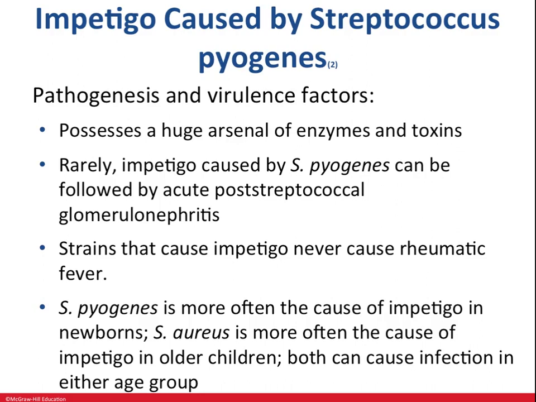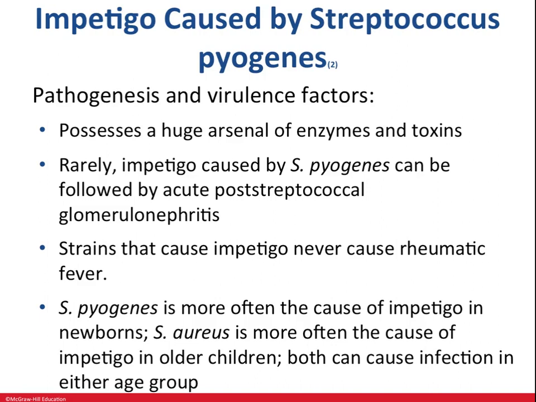Streptococcus pyogenes can also cause post-streptococcal glomerulonephritis. However, in the impetigo case, this is rare.